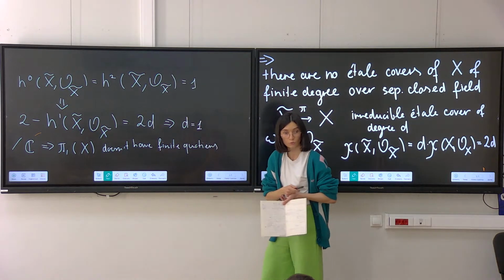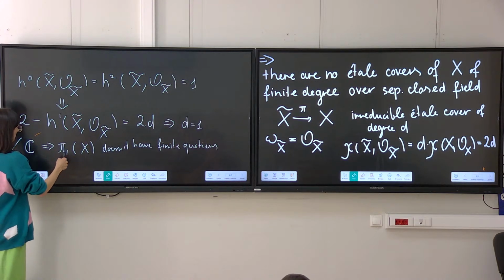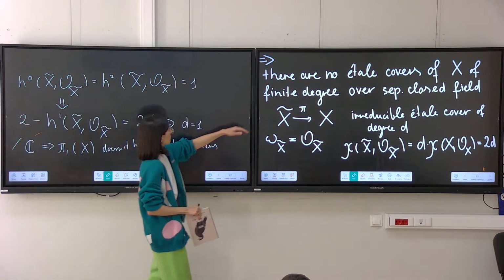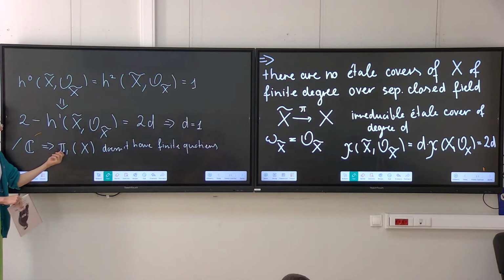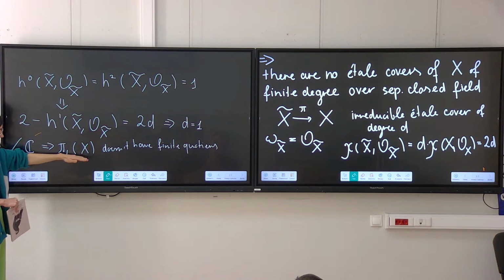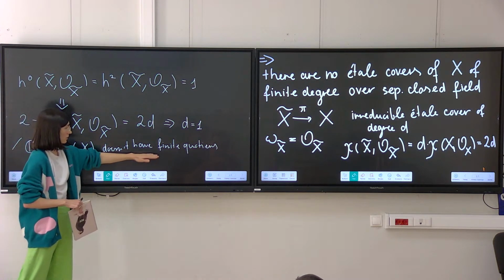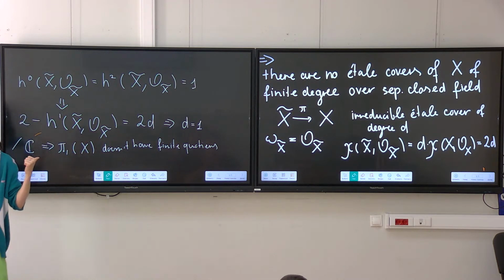This, by the way, relates to your question that we didn't prove that this is trivial, because here we consider just finite covers, and maybe we will have some infinite cover. In fact, this will be trivial, but it's a more difficult result than the triviality of the algebraic fundamental group. Here we just proved that there are no finite quotients in the fundamental group over C.